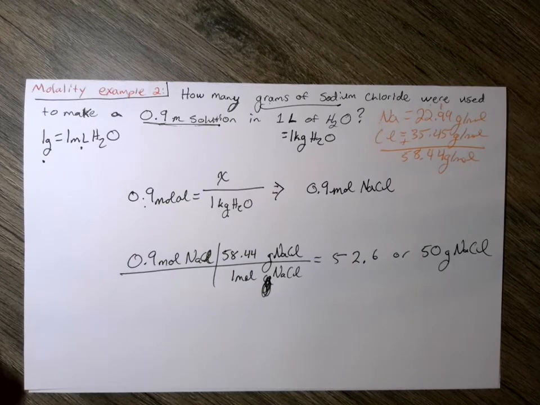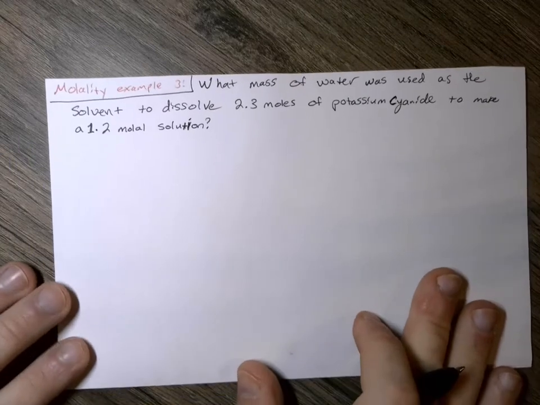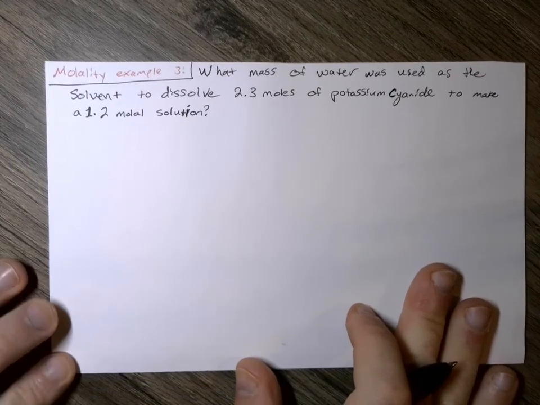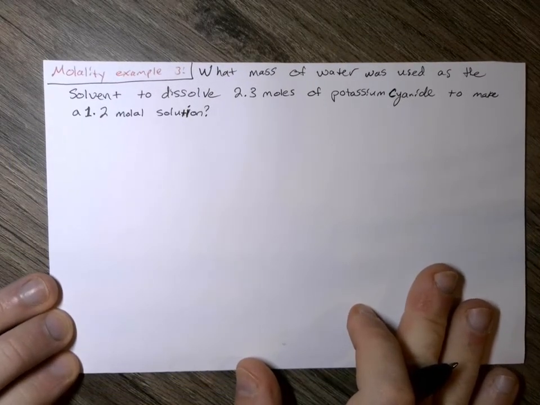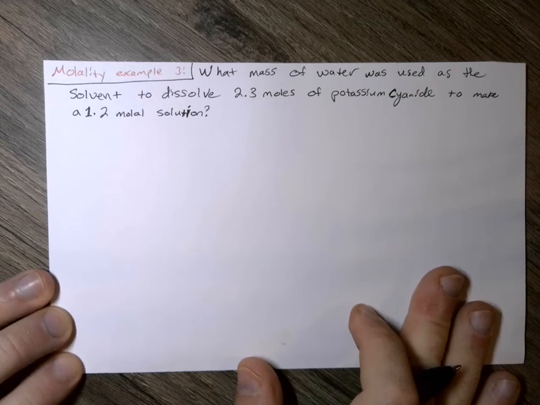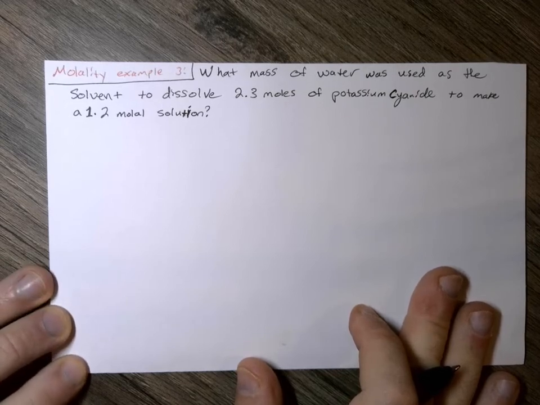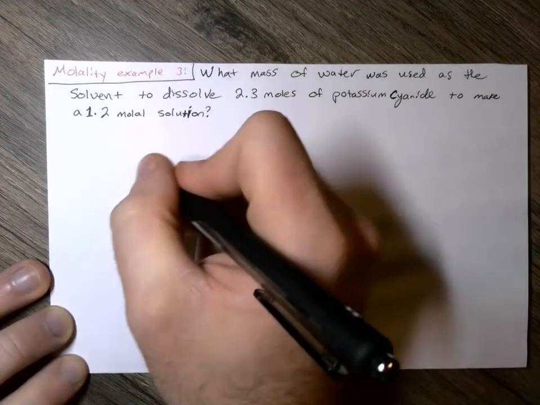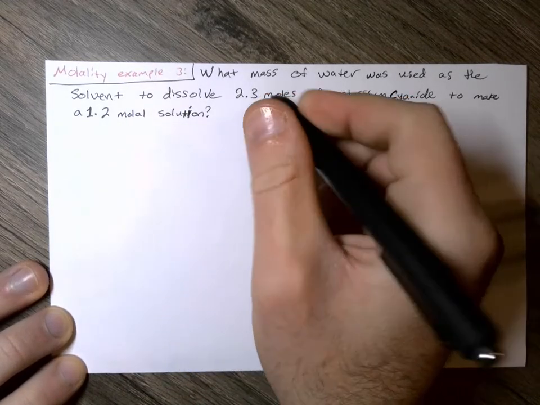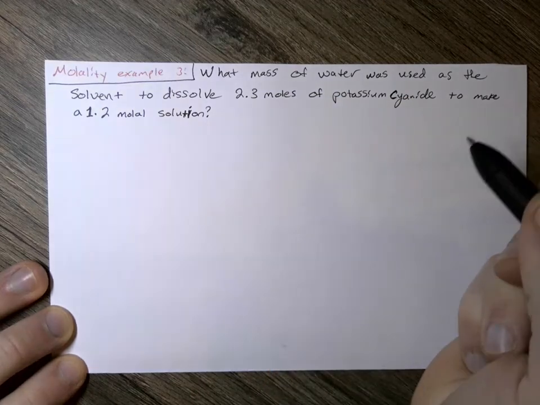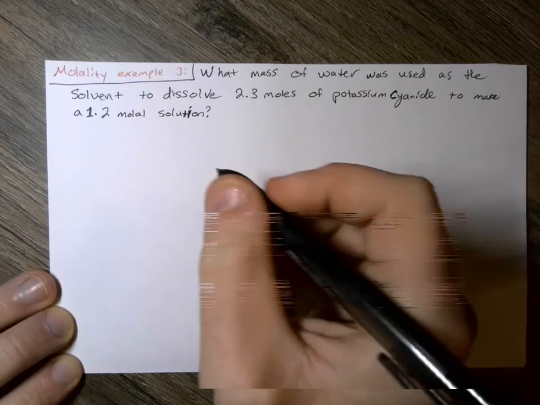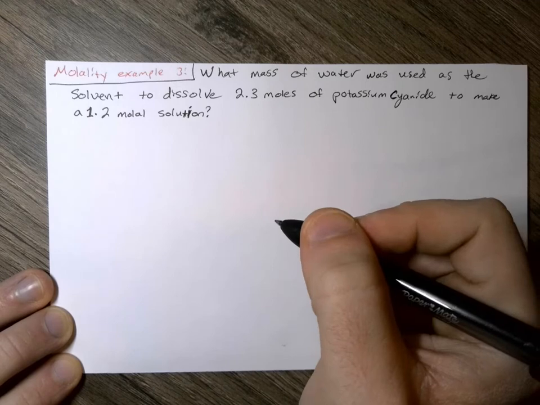Our last problem in our example problems is, what mass of water was used as the solvent to dissolve 2.3 moles of potassium cyanide to make a 1.2 molal solution? So, molality is equal to moles of solute per kilogram of solvent.